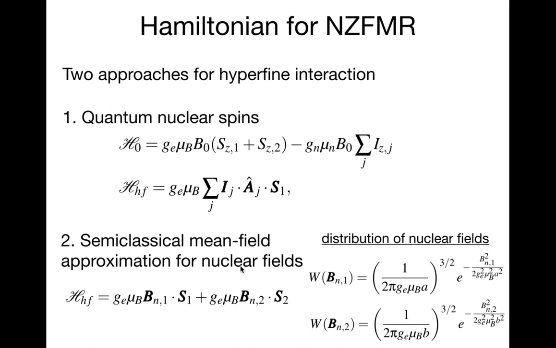Silicon-29 occurs a little bit less than 5% of the time, so you have some statistical distribution of numbers of silicon-29s around these defects. If you use a semi-classical approximation, essentially you are getting rid of the nuclear spin operators, and you're substituting in B sub n1, B sub n2 for nuclear fields at the two spin sites, and those nuclear fields might be drawn from a normal distribution.